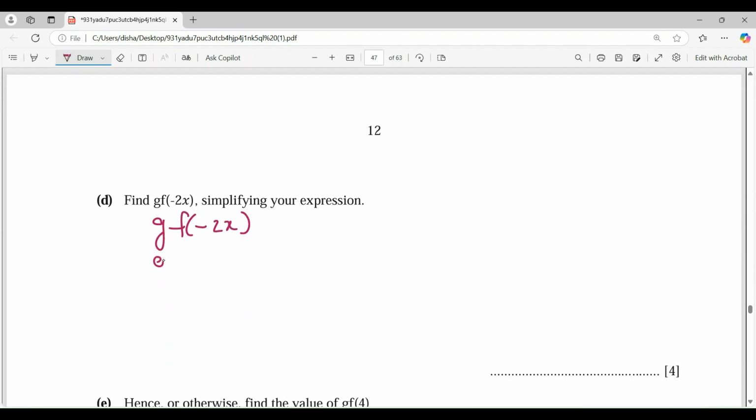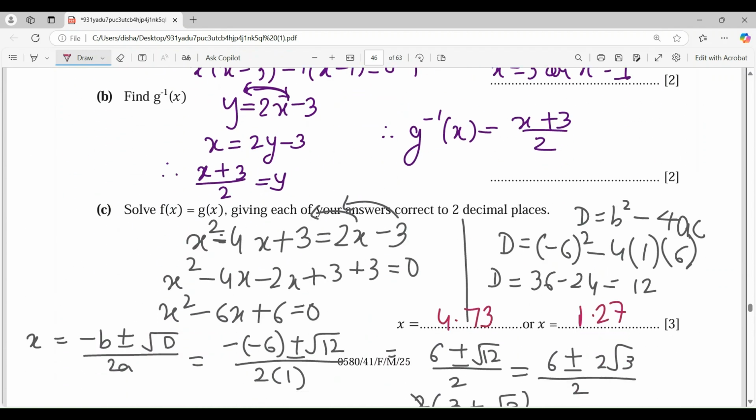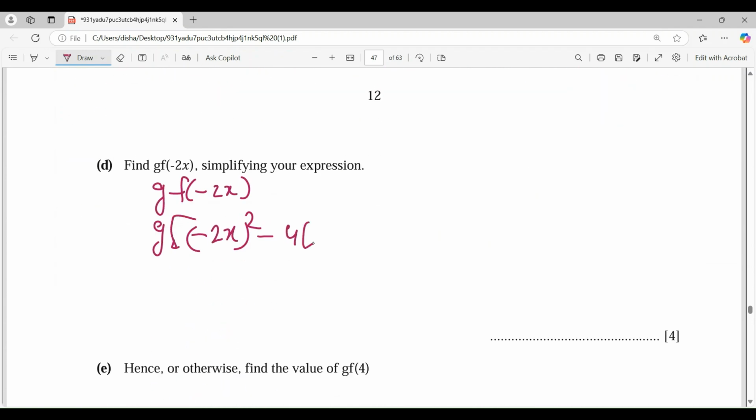So here, instead of x square I'll put this, x square minus 4x, so 4 into, again plus 3. So that gives me 4x square plus 8x plus 3.